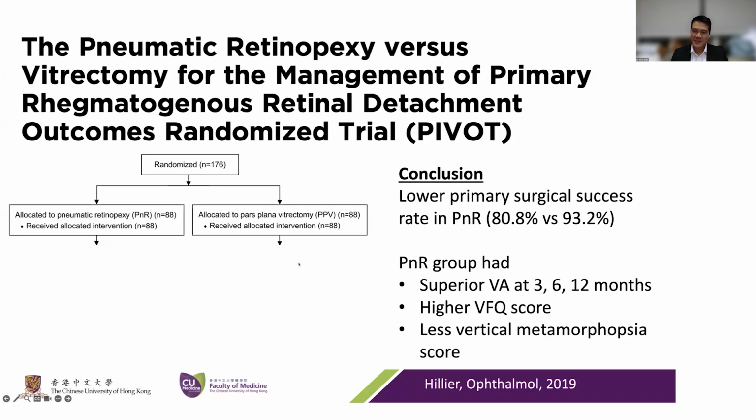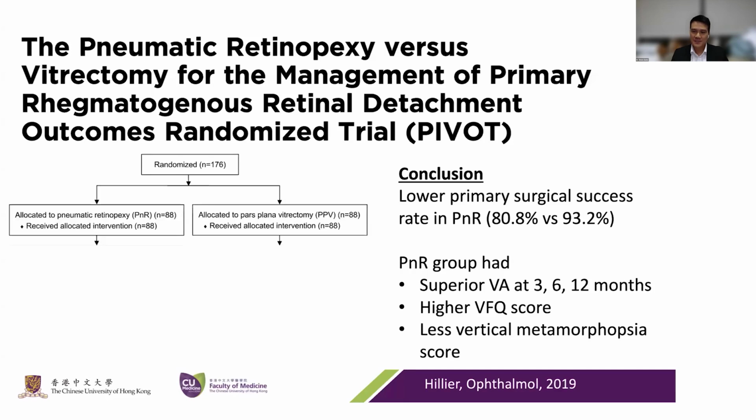The study I want to discuss is actually not a new study. It was a prospective randomized controlled trial published in 2019, comparing the efficacy and safety of primary pneumatic retinopexy versus pars plana vitrectomy.